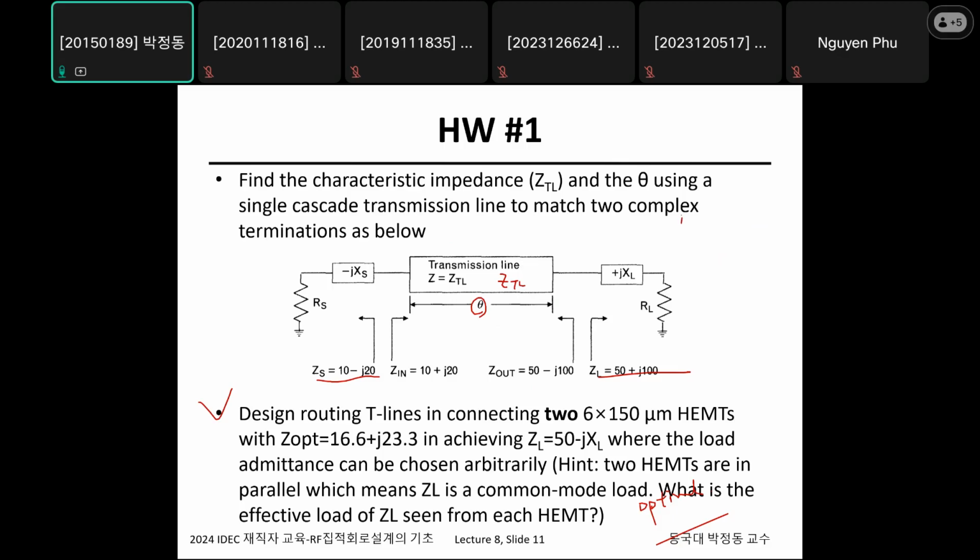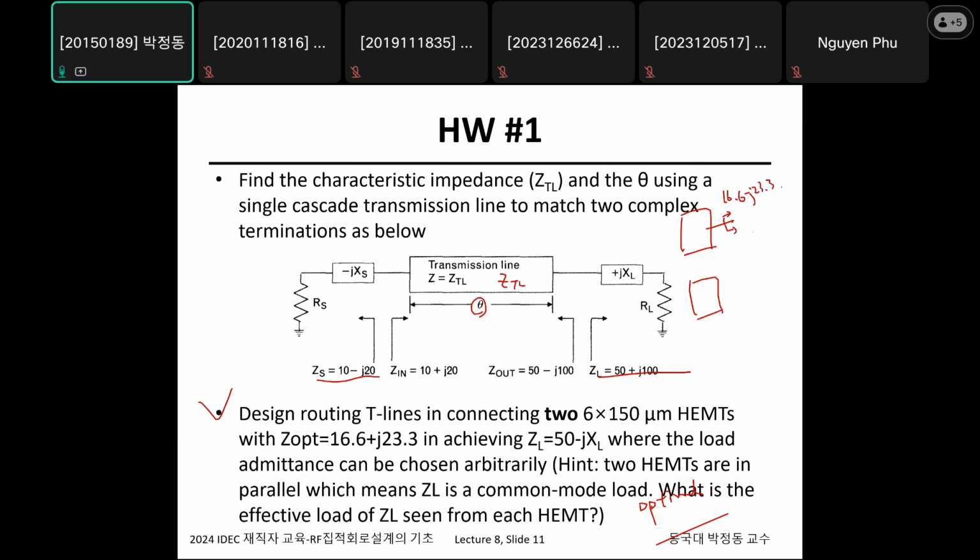Since this is something like this, just consider single matching. So what you need is actually 16.6 plus j23.3, right?